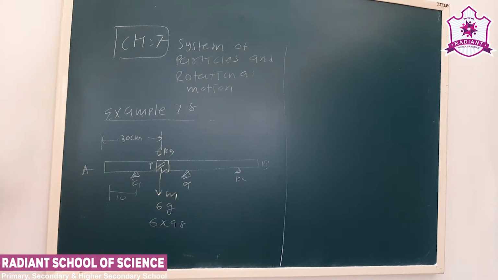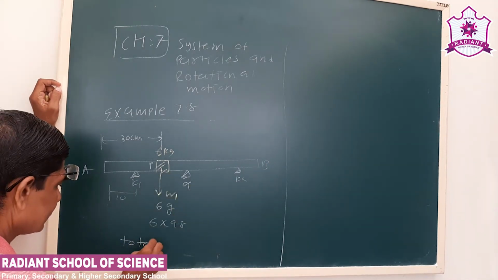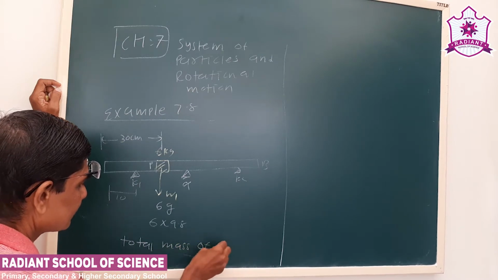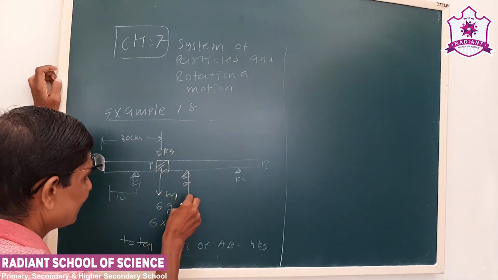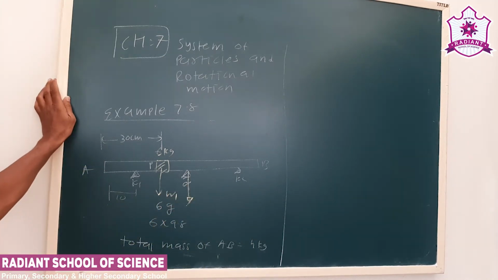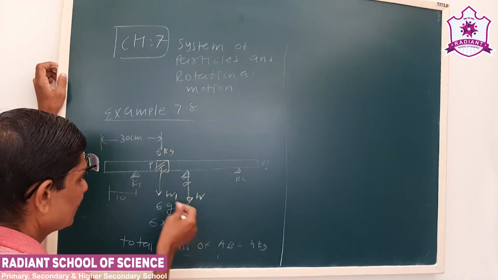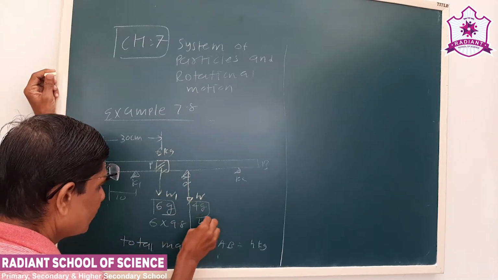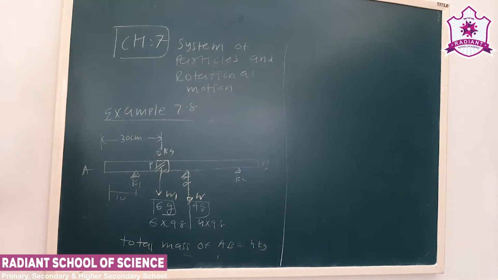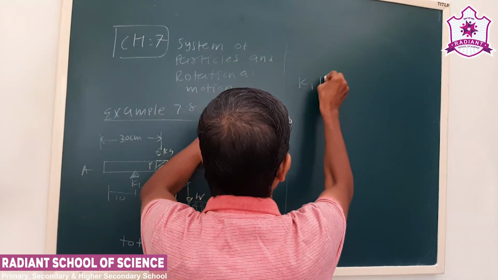And the total mass of AB is 4 kg, which is assumed to be concentrated at the center of mass, that is point G. So this weight will be 4g, that is 4 into 9.8. Now you have to calculate the reaction at the knife edges, let us say K1 and K2.